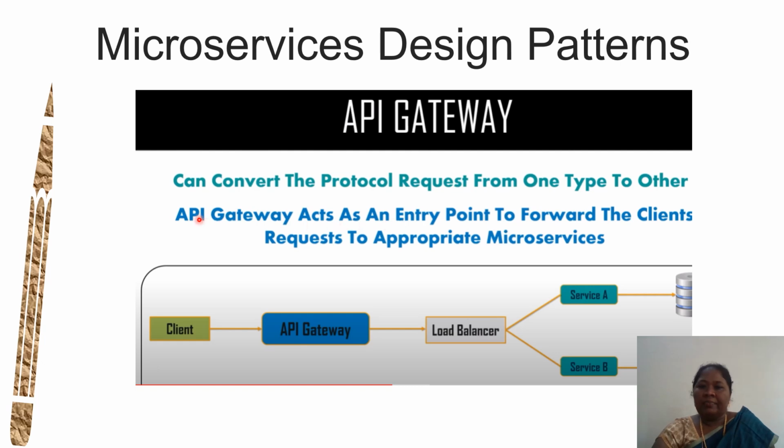This API gateway acts as an entry point to forward the client's request to the appropriate microservices. If you choose the API gateway of Paytm, then as per Paytm policy, your payment options and taxes will be included while handling such requests.